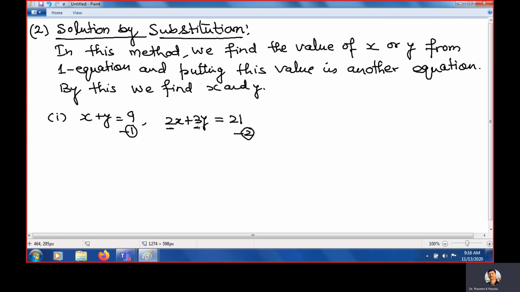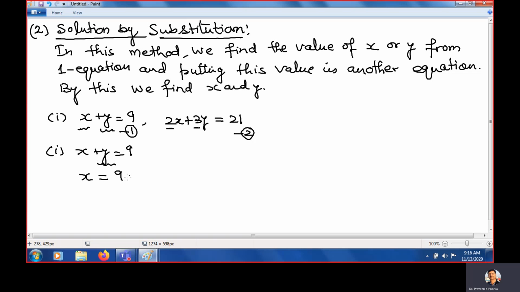So this calculation may be difficult, but here only x, only y is written, so we will find the value of x or y from this equation. Okay, so we will take equation 1, which is x plus y equals to 9. Now, because there are no coefficients, only x and y is written, you can find the value of x, you can find the value of y. Okay, let us find the value of x.